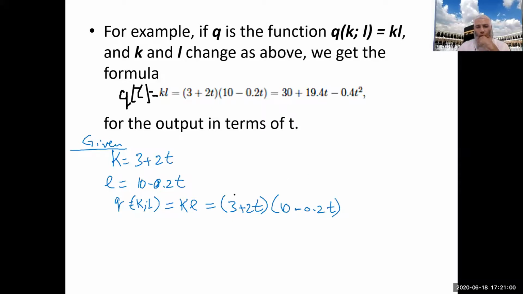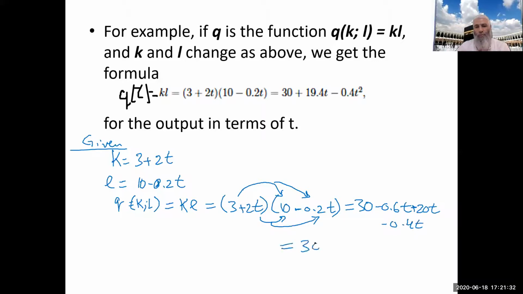And now he will foil. Multiply this here, and this here and here, and get that result. 3 multiplied by 10 is 30. And 3 multiplied by negative 0.2 is negative 0.6t. And 2 multiplied by 10 is 20t. And 2 multiplied by negative 0.2 is negative 0.4t.